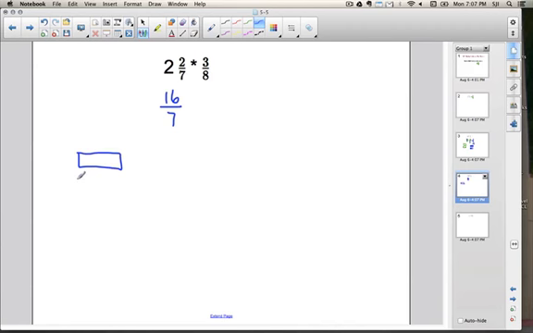Because if I had 2 whole pieces here and I divided them into 7ths, 1, 2, 3, 4, 5. There I have 2 pieces that are cut into 7ths, and I'm going to have one more.